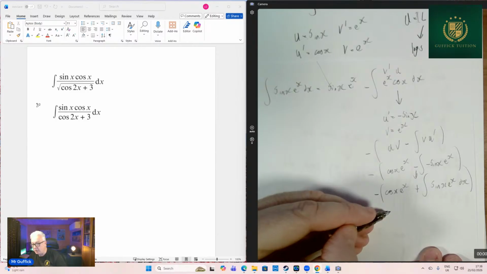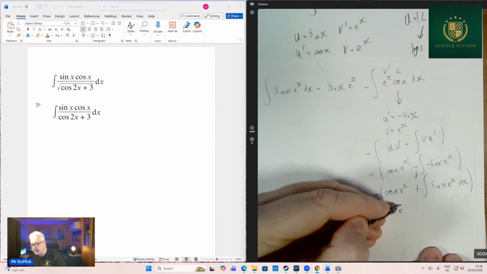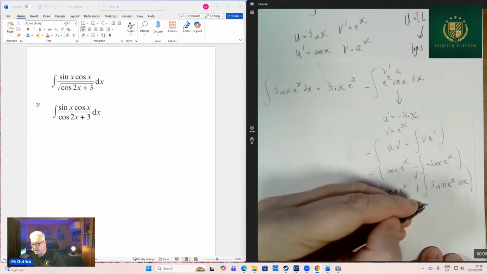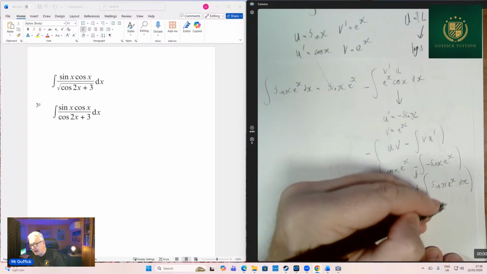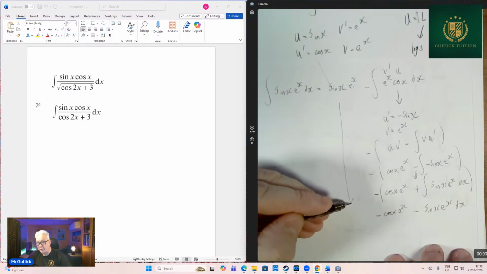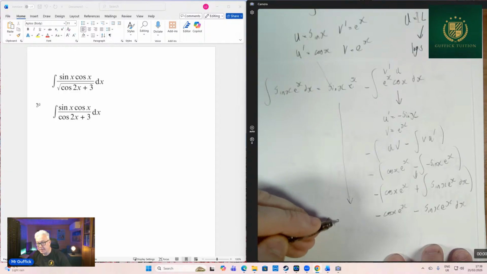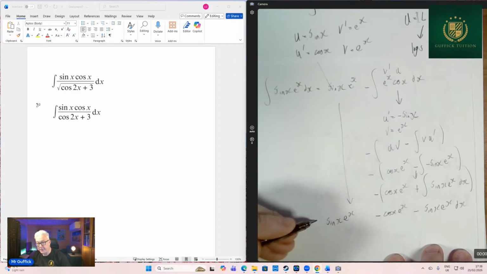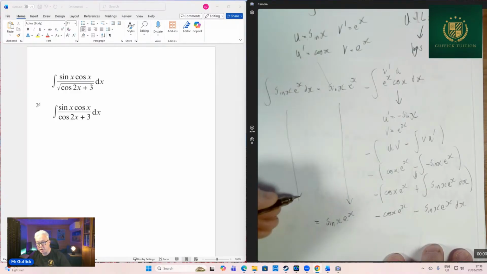So this is now minus cos x e to the x and a minus sine x e to the x dx. Now this bit carried on from before was just our sine x e to the x, and this bit was our question, our integral of sine x e to the x.